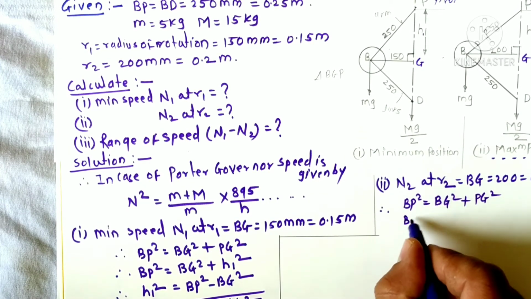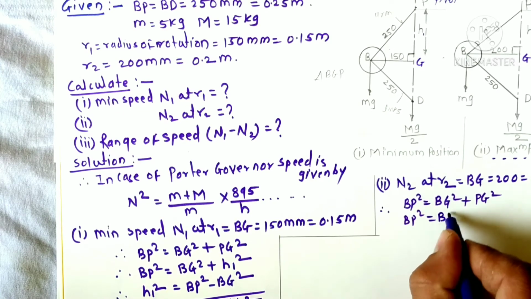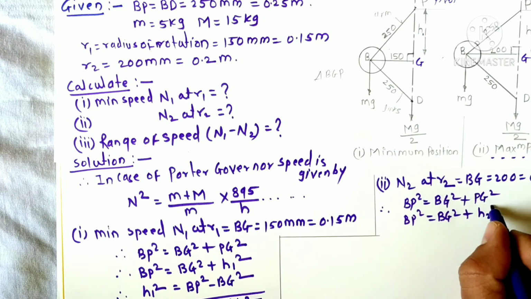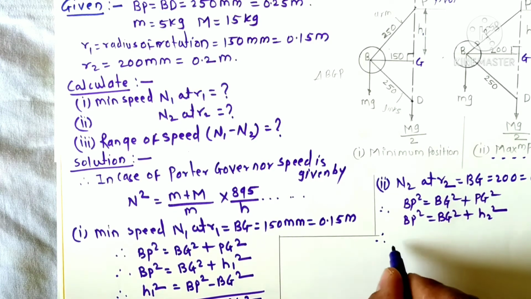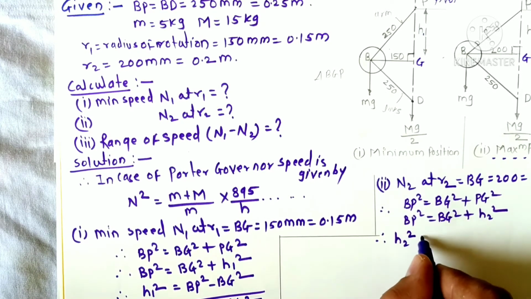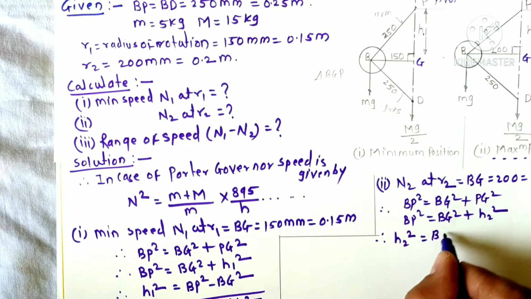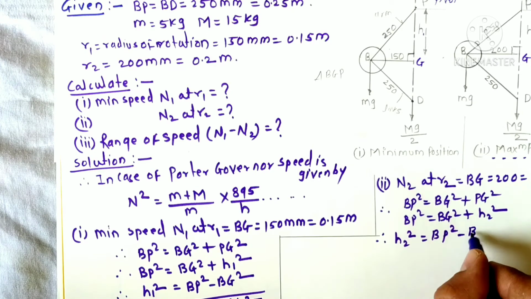PG means H2 square. So we have to calculate H2: H2 square will be BP square minus BG square. In the opposite side it will be minus.